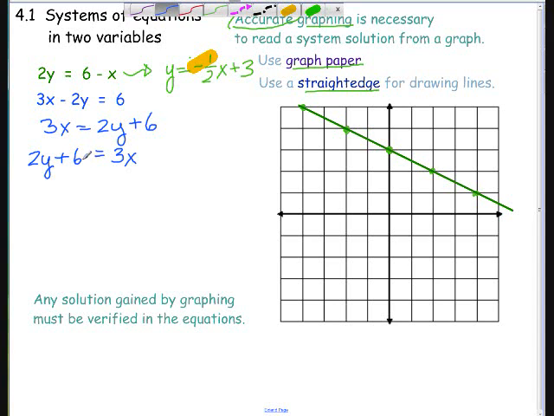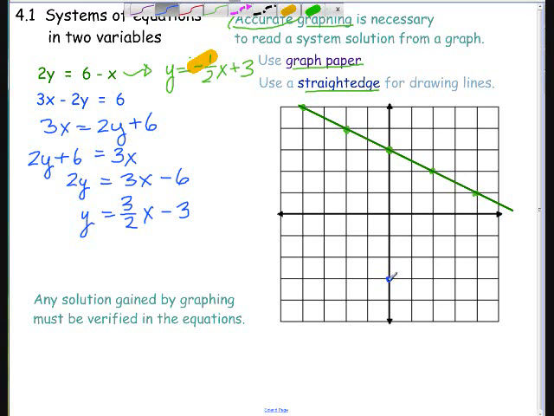That's perfectly okay. Now I'm going to subtract 6 from both sides. 2y equals 3x minus 6. And my final step, of course, is to isolate y by dividing everything through by 2. So my slope is going to be 3 over 2, and my y-intercept is going to be a negative 3.